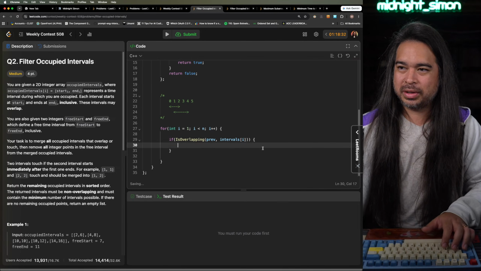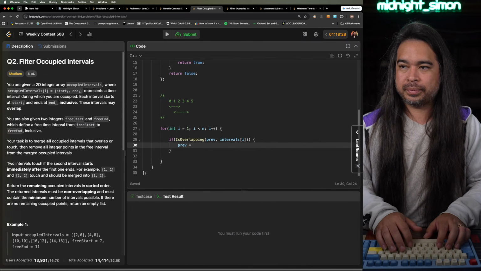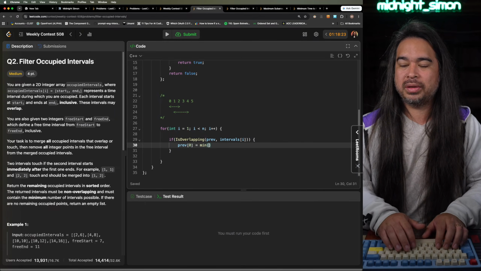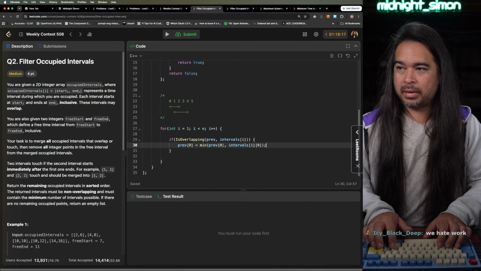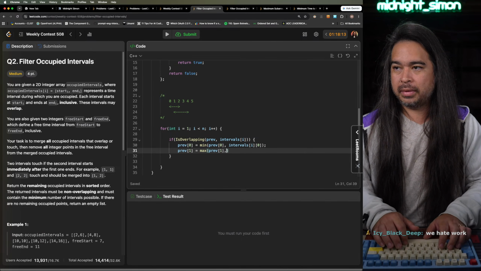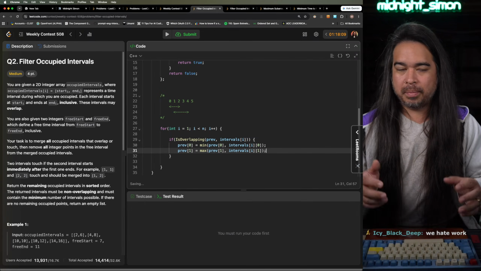It's too much work. So I'll just do it right here. So this one is the min of that, and that is the max of that, that's like merging them together.